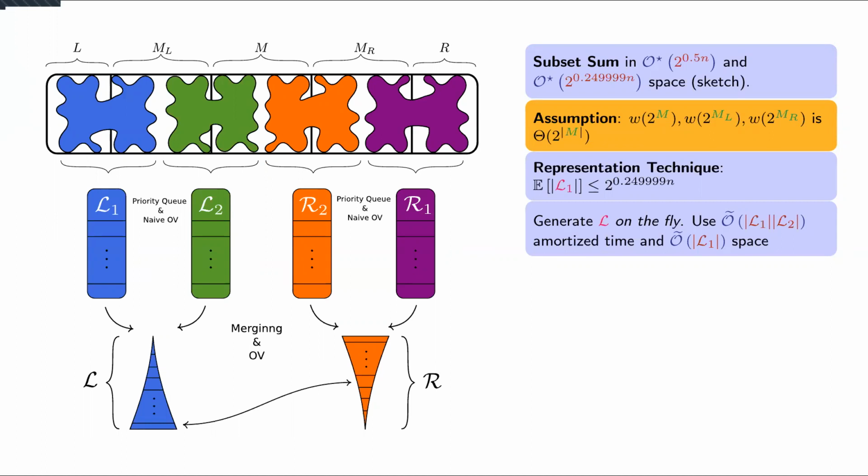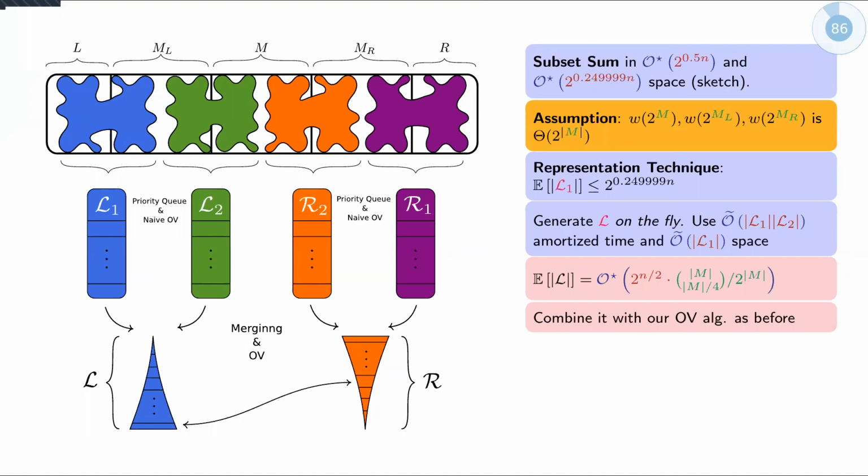Then we do the merging step just as before, but when we apply this merging step between the green and the red sets, we use the orthogonal vectors idea of Fomin et al. to combine them and check whether they are orthogonal.